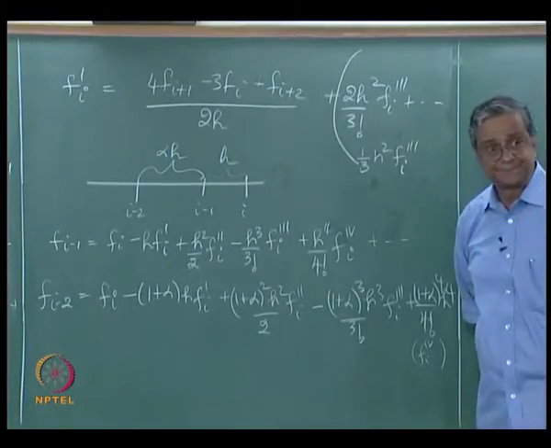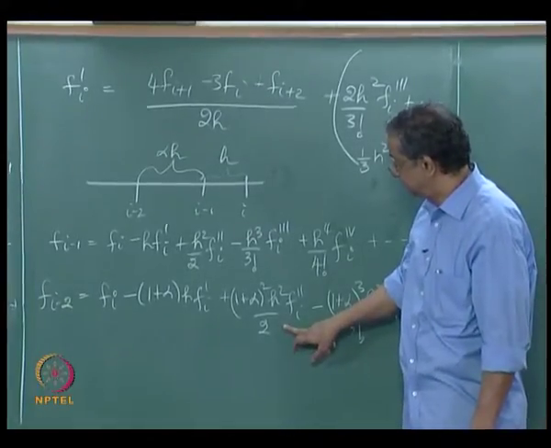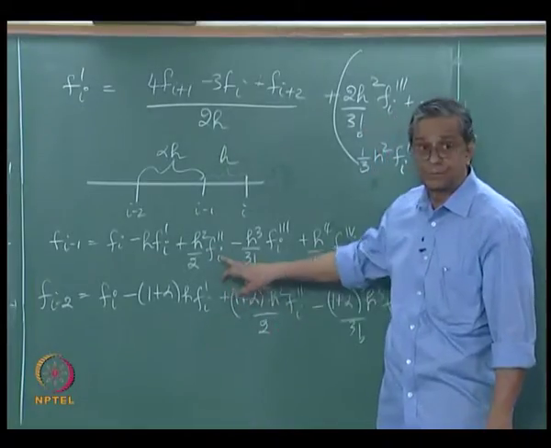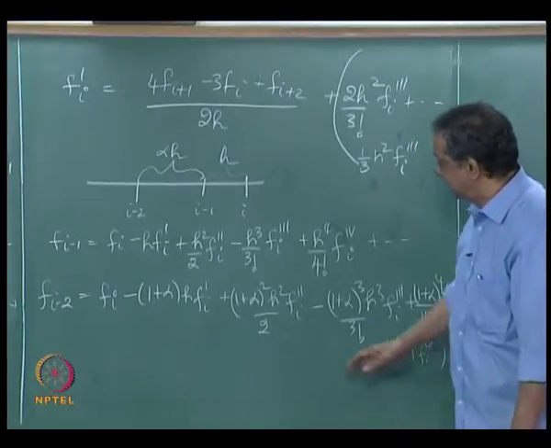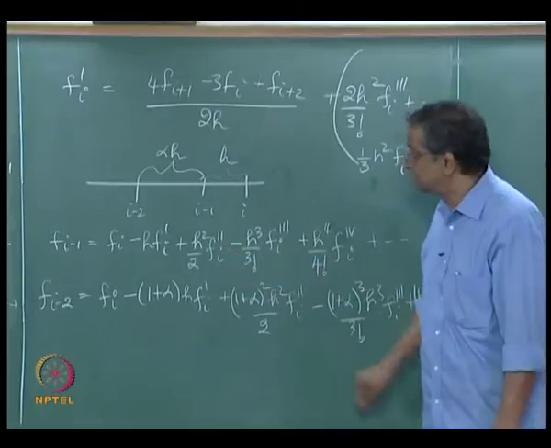What do I do now? Square. So if I multiply the first equation by 1 plus alpha squared, I should be able to cancel out the second derivative term. Okay.